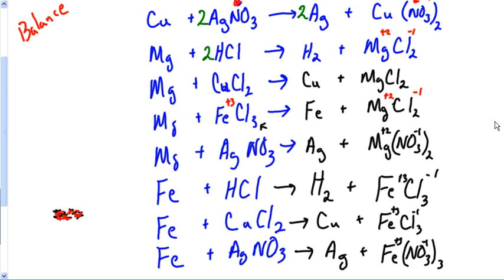No problem. All I got to do is put a 3 here, and that'll get me 6 Cl's, and put a 2 here, and that gets me 6 Cl's. Now you should be looking at this going, hey, but you jacked up the Mg and the Fe. Hey, no problem. I'll put a 3 in front of the Mg, and that gives me 3 Mg's on both sides. And then I'll put a 2 right here in front of this Fe, and I'll balance it.